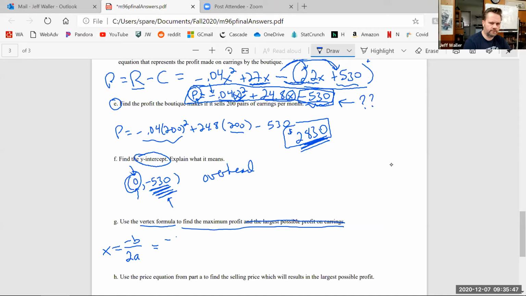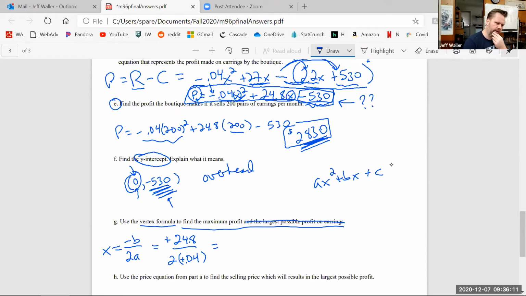No, b is 24.8. Yes. So negative 24.8 divided by twice a, which is negative 0.04. Don't forget those negatives because these cancel, thankfully.